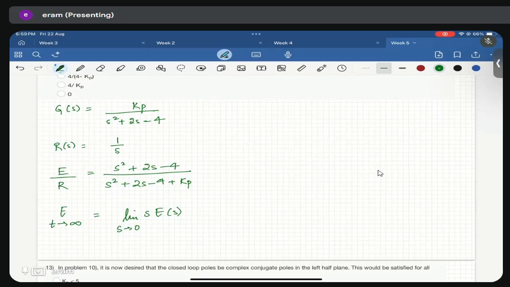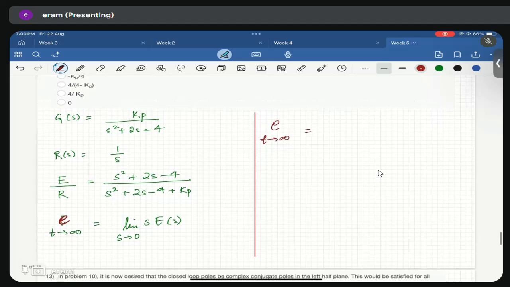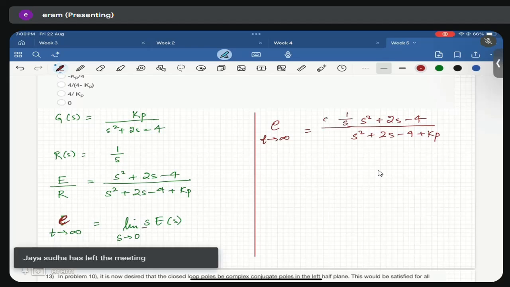Since R(s) is 1 by s, it will be s square plus 2s minus 4 over s square plus 2s minus 4 plus Kp, and we have to multiply with s also. So this will cancel out.